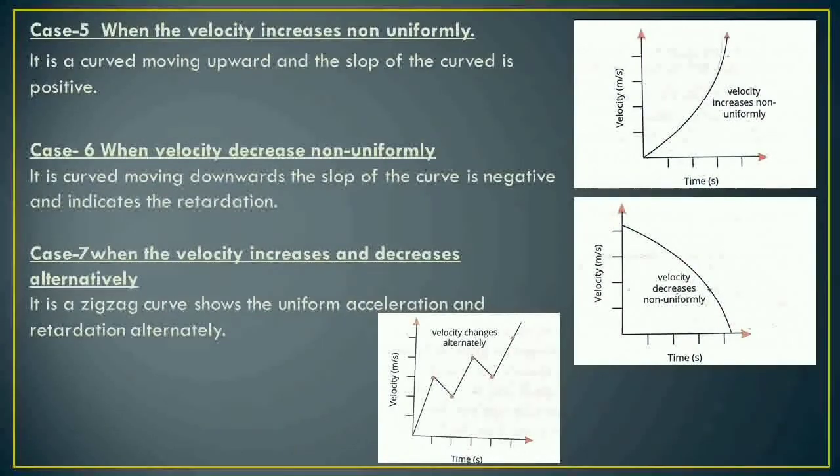You can see here the body is accelerating, then decelerating, then accelerating, then decelerating, then accelerating. That means its velocity keeps changing, sometimes increasing, sometimes decreasing. So it shows a zigzag curve of acceleration and retardation alternately.